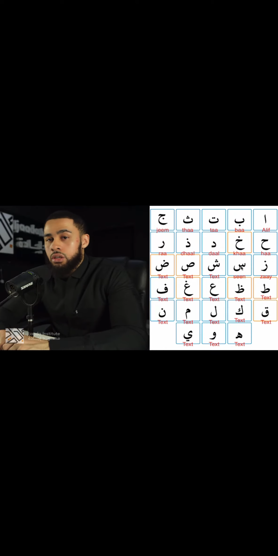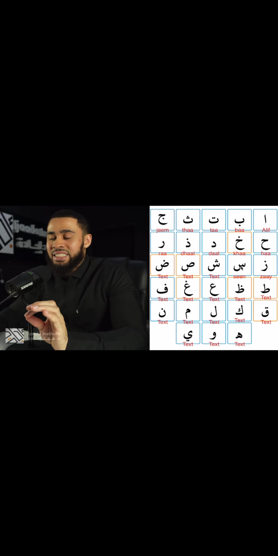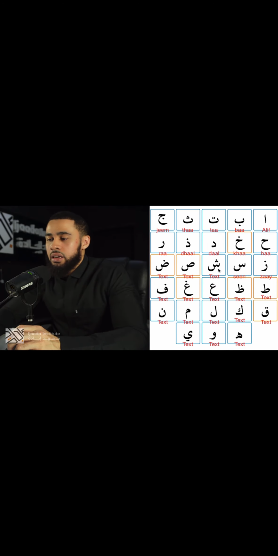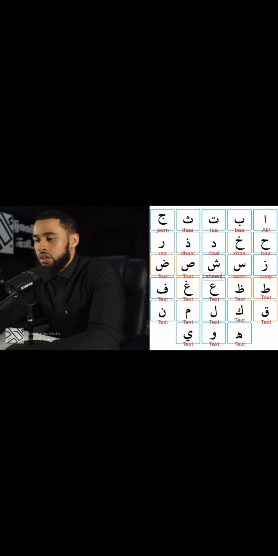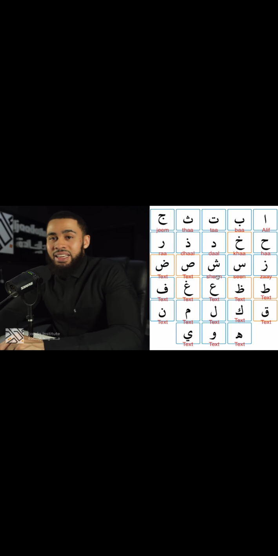It's not seen, like I've seen him. It's not that, that is not distinctive. E is distinctive. Seen. Now look here, we have the same shape but 3 dots on the top, and we say sheen.